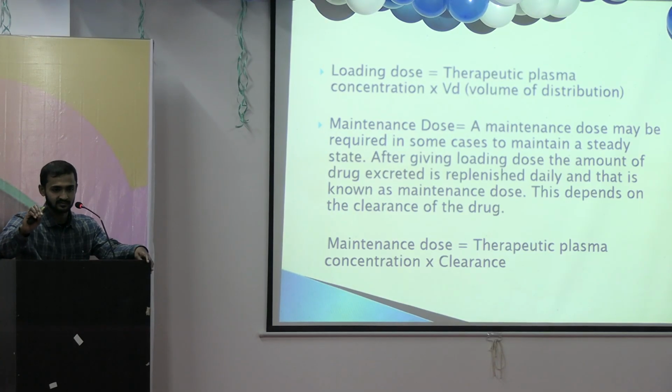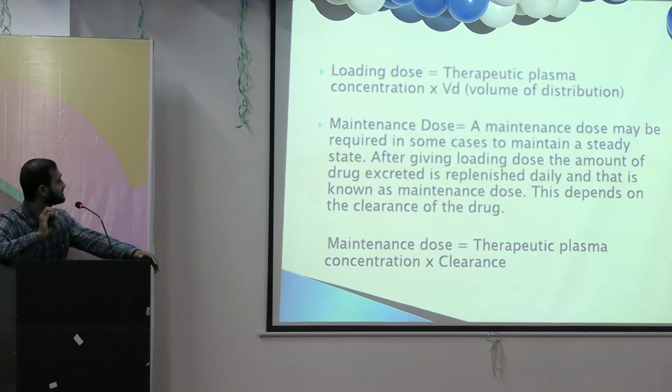When it reaches a certain concentration in the plasma, it acts properly. That is known as the therapeutic concentration. And what about volume of distribution? It is the total amount of the drug in the body divided by the concentration of the drug in the plasma or blood. Understood? So this is the loading dose. And what is maintenance dose?